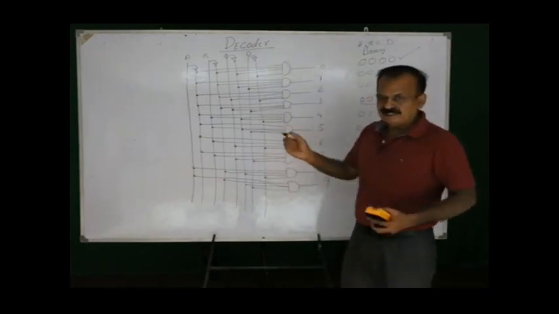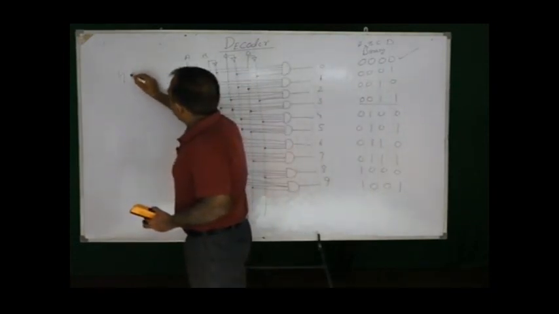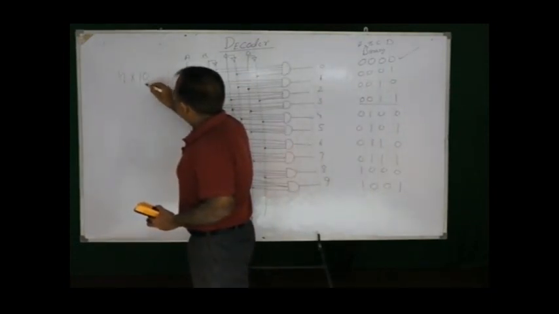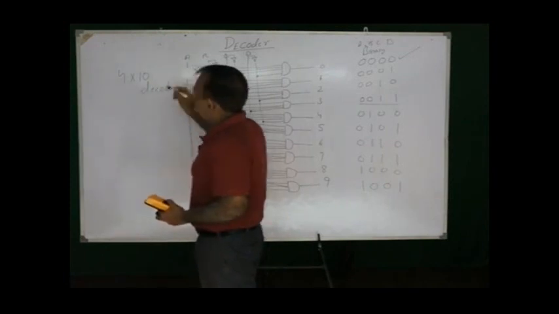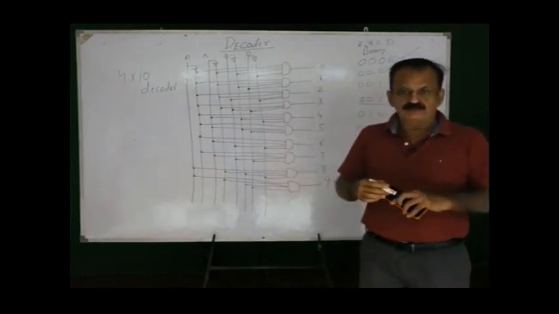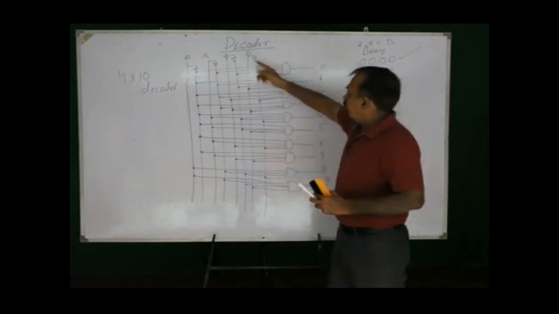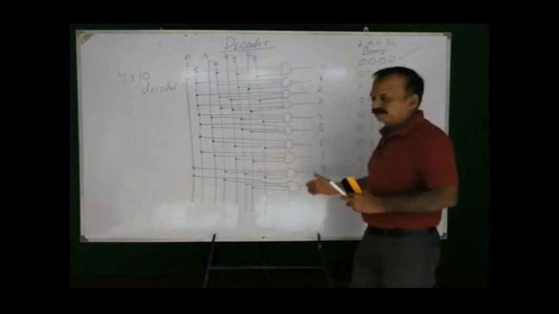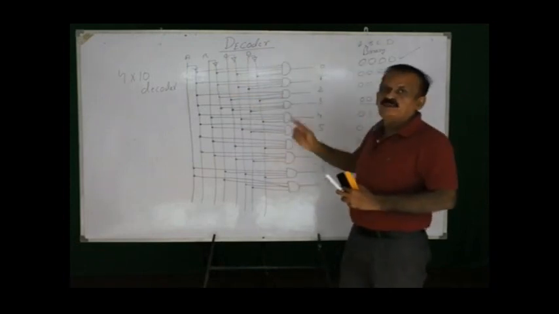Now, if we see, this circuit is having 4 inputs and 10 outputs, and that is why this is known as 4 by 10 decoder. This circuit is 4 by 10 decoder. Why it is 4 by 10 decoder? Because the inputs are 4 and the outputs are 10. This is binary to decimal decoder.